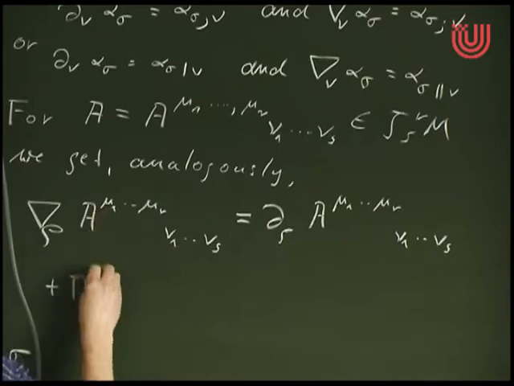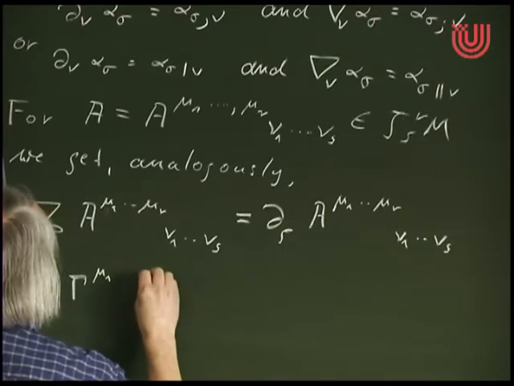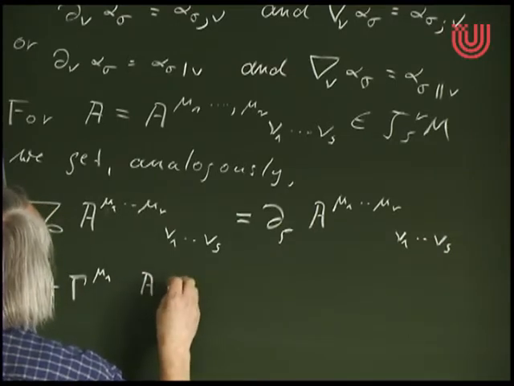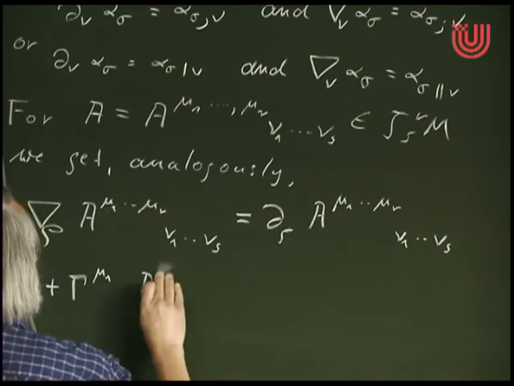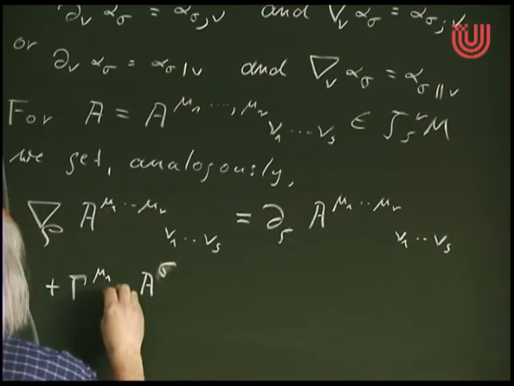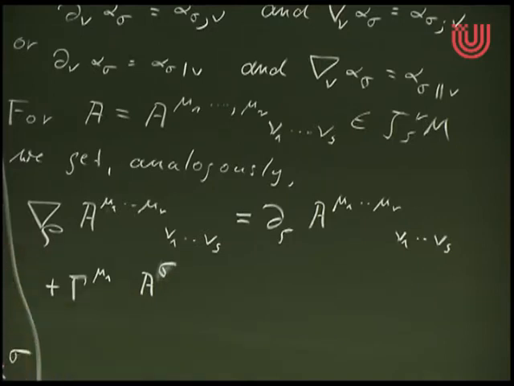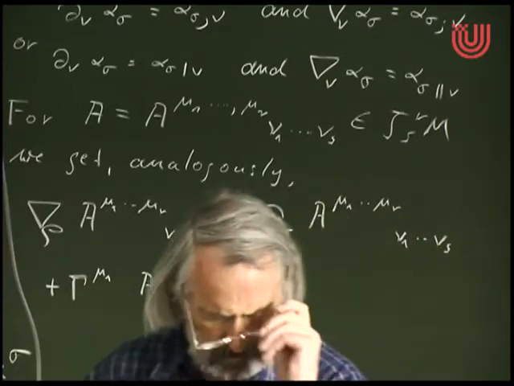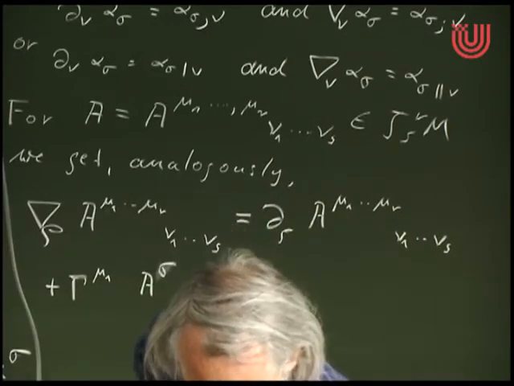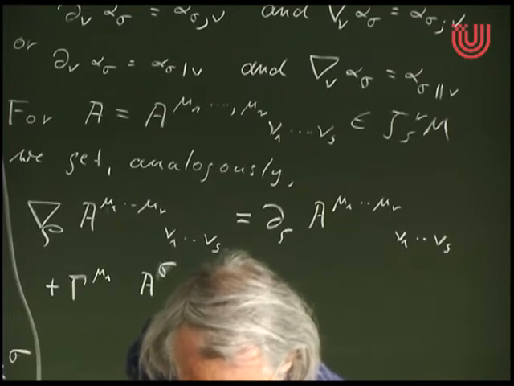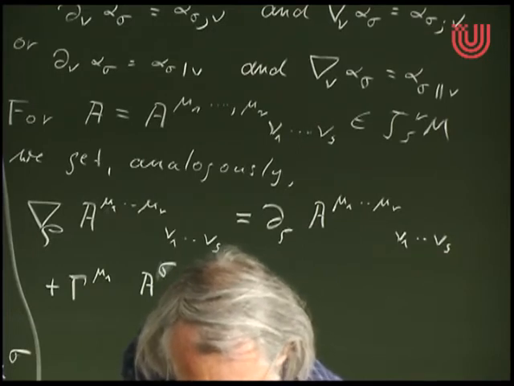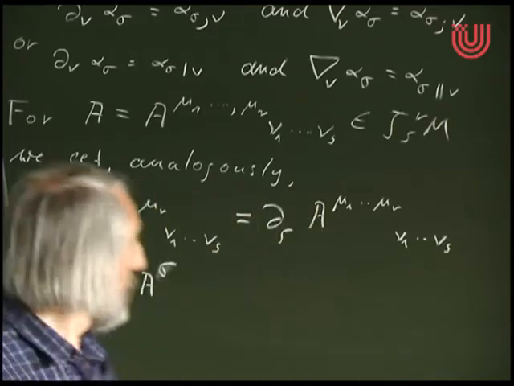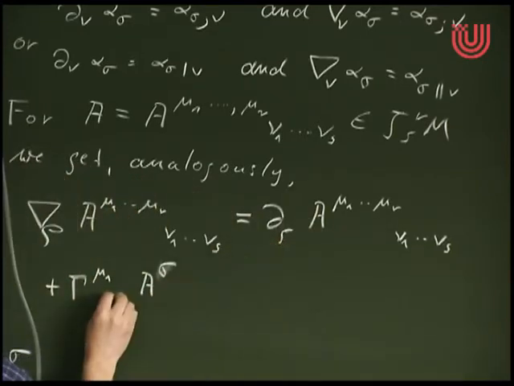So for the first index, I have a mu1, and this is applied to A, and now I introduce a summation index here, sigma. Let me see. The derivative is the second or the first? That's another thing which you have to keep in mind. Let me just check. The derivative is the first, yes, it's a natural way. So the index in which I take the derivative is the first index here, and the summation index is the second.